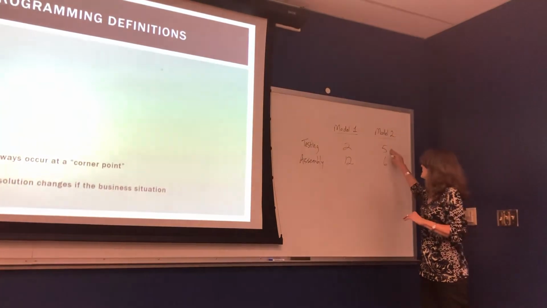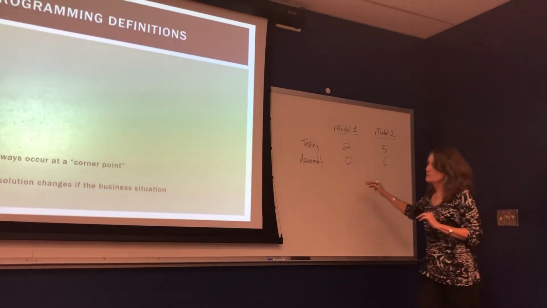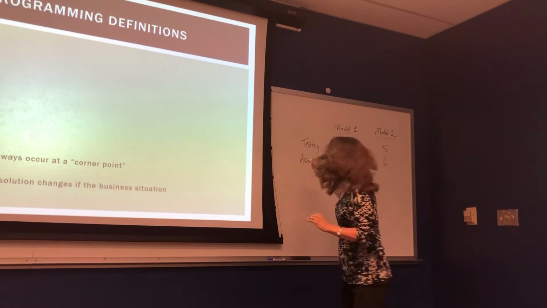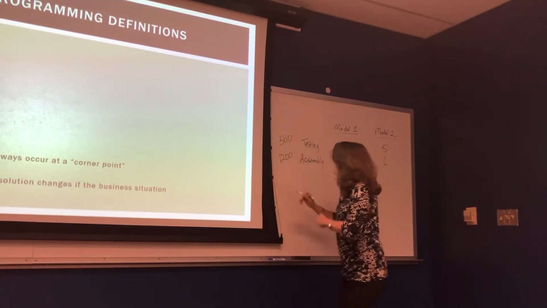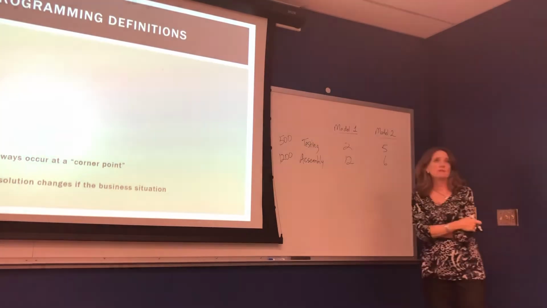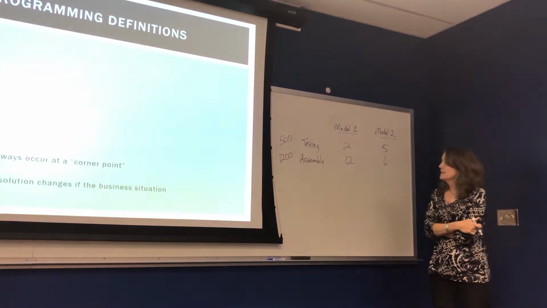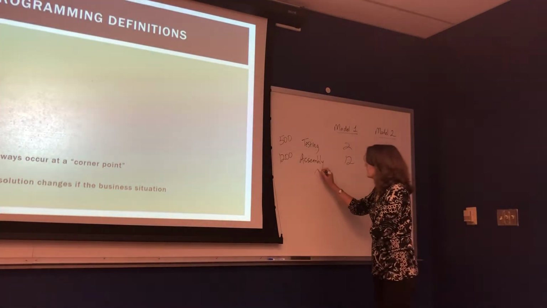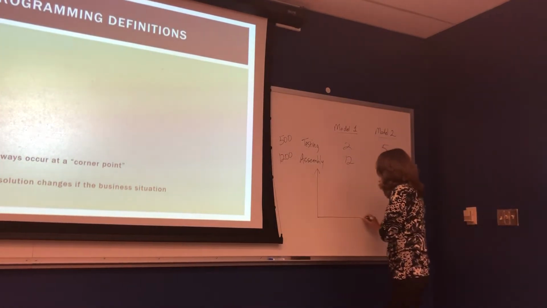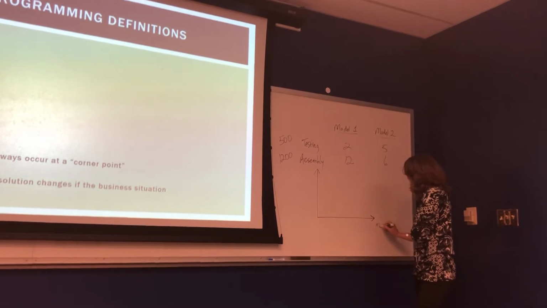Your Model 2s take 5 hours for testing and 6 hours for assembly. And if you had 500 testing hours available in total and 1,200 assembly hours available in total, we could actually plot this when we just have 2 dimensions like this.